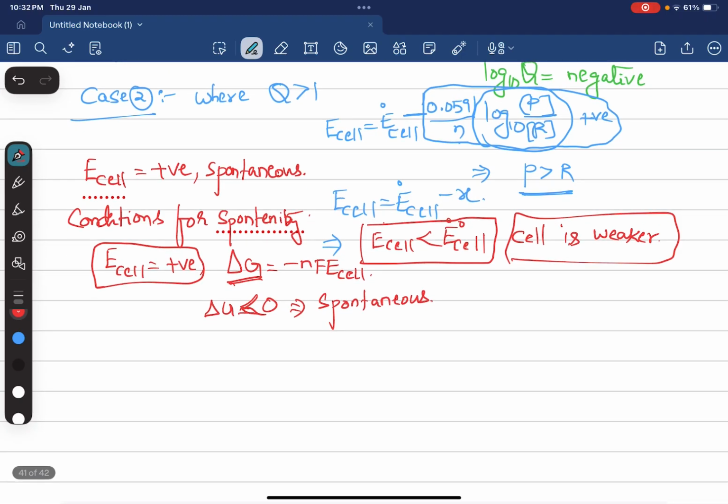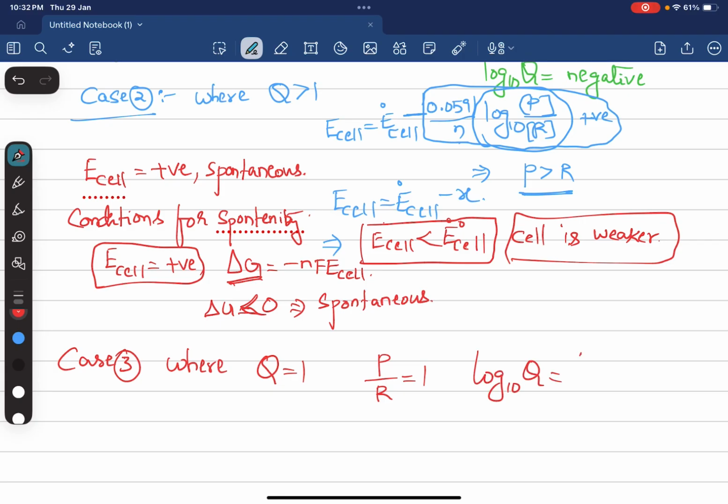Suppose the condition is equal, case 3, where Q equals 1, then what is the result? Products by reactants equals 1 means log base 10 of Q we can write as log base 10 of 1. If you take log 1, which is 0, this whole term will be 0, then E cell equals E naught cell.